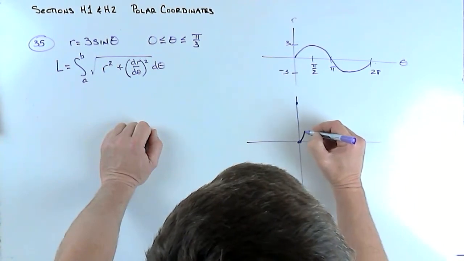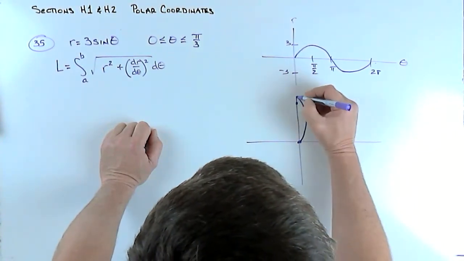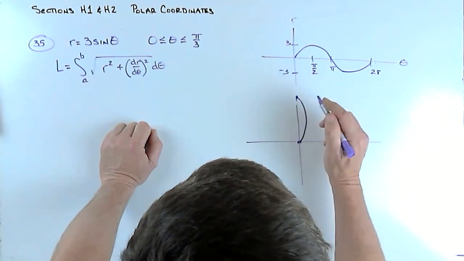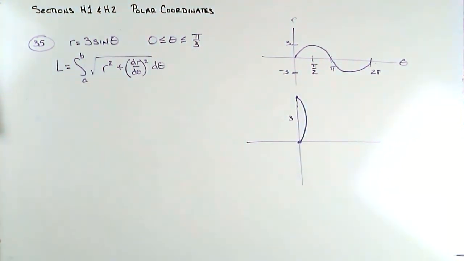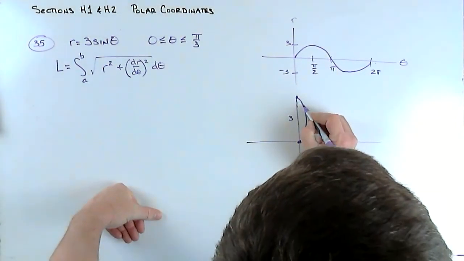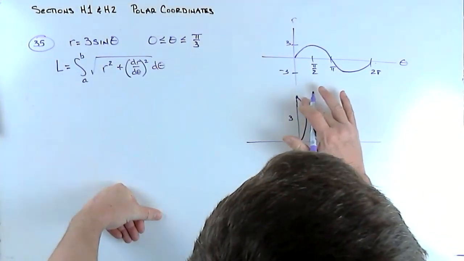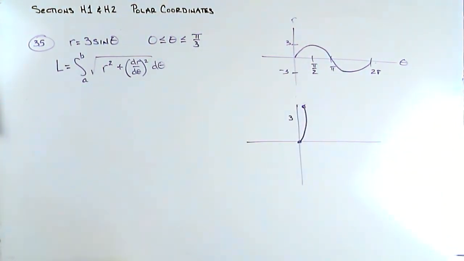So we have an arc that looks like this, where this is 3. But we don't want that whole piece. We only want the piece from 0 to pi over 3. So we're looking for the length of something that looks like this.